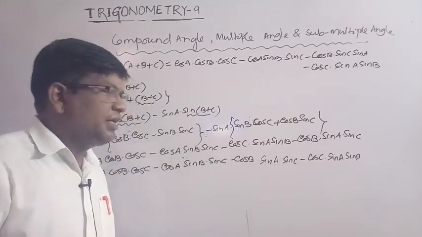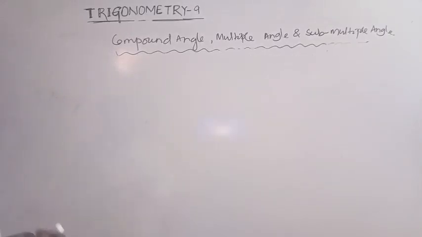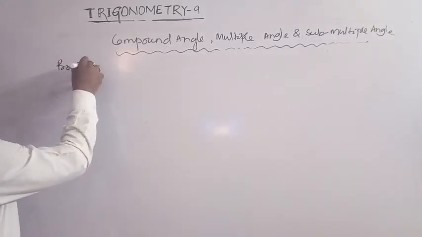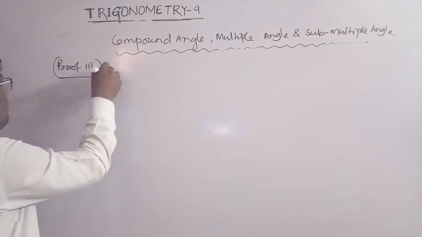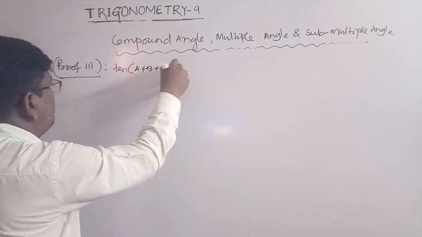Now third one is tan of a plus b plus c. Third proof is what? Proof 3. Tan of a plus b plus c is equal to what?